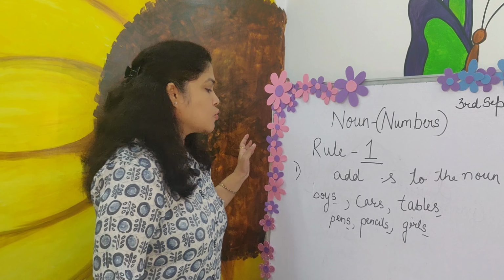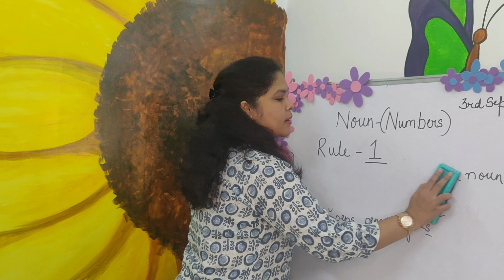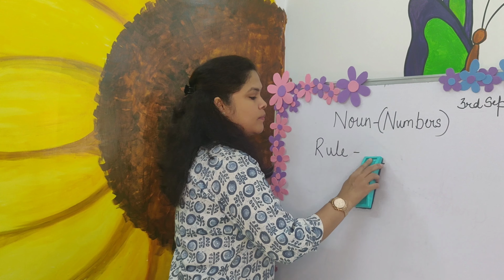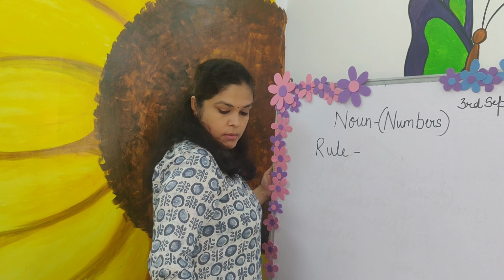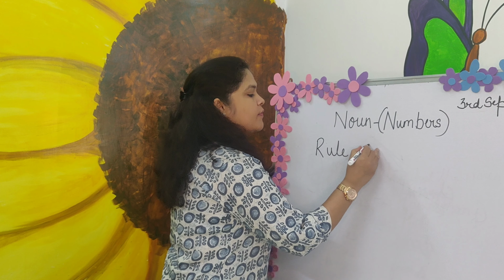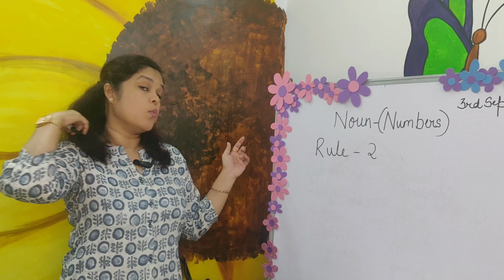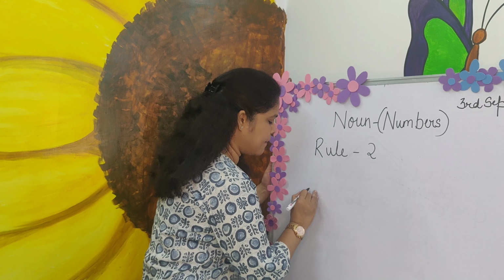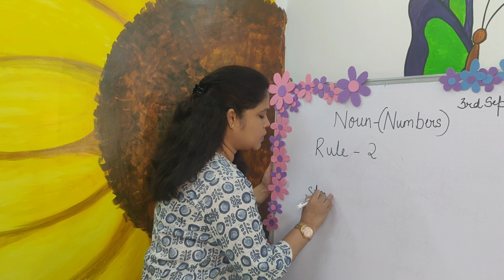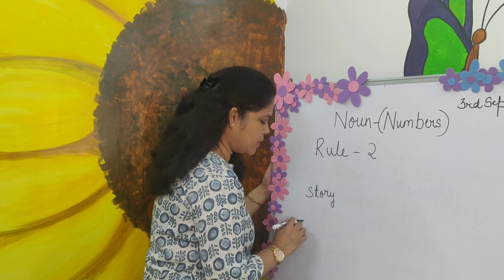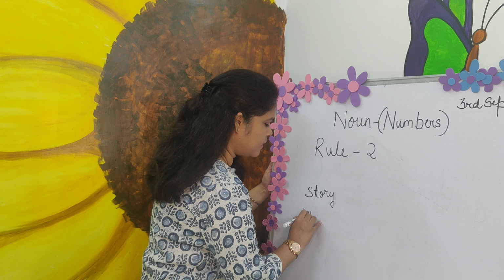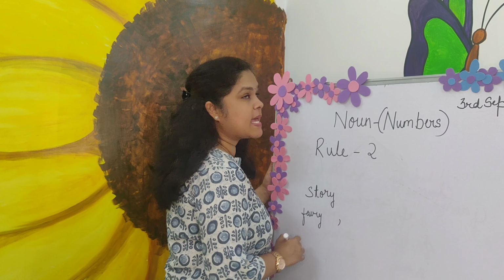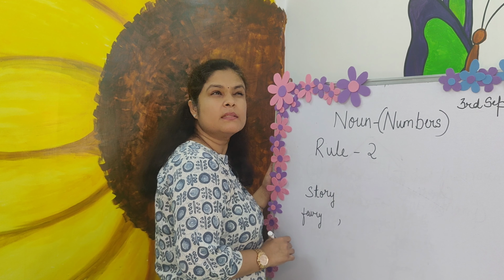Coming to rule number 2. Rule number 2 says, if there is a noun which ends with Y, for example story, for example fairy, for example, you remember any?